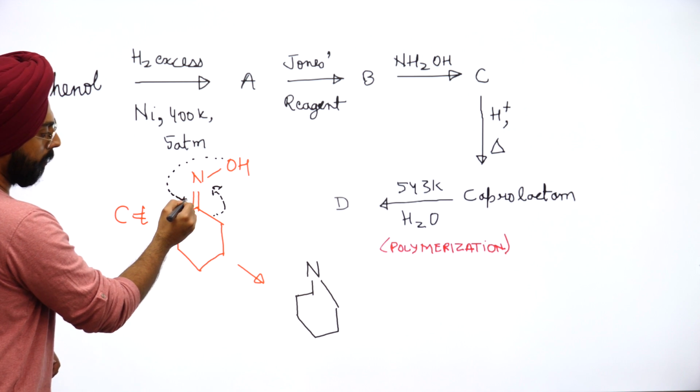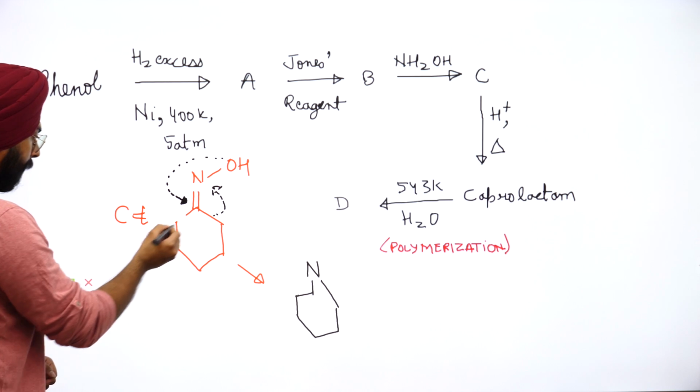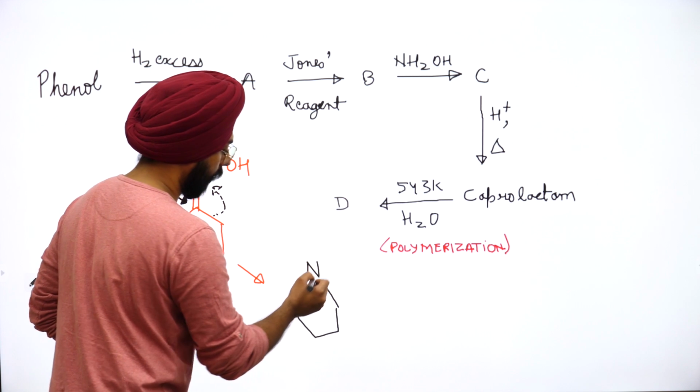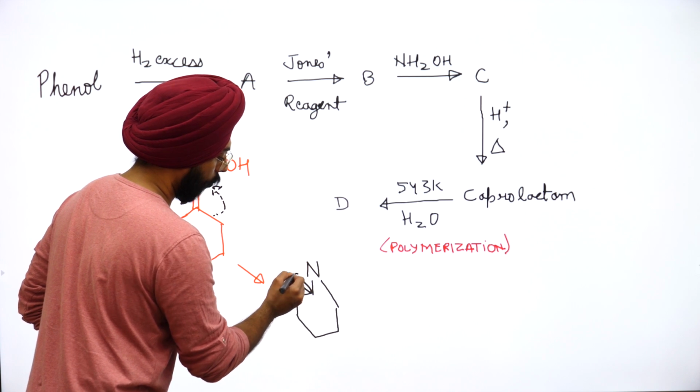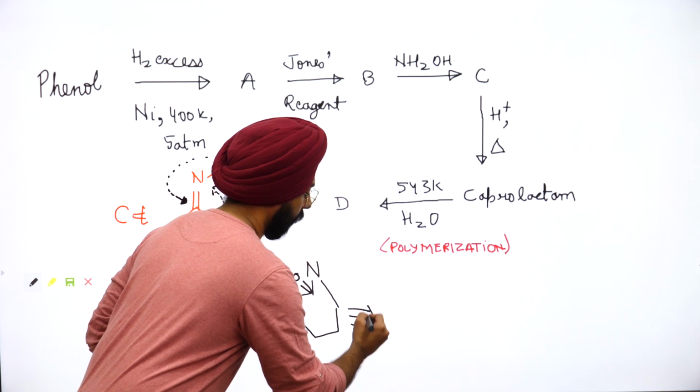Yes, the carbon that was bonded to nitrogen, उसी carbon पे the OH will migrate. Cool. So let me make it over here. This will get a double bond O. The structure looks a bit cramped. Let's try to make it in a better fashion.